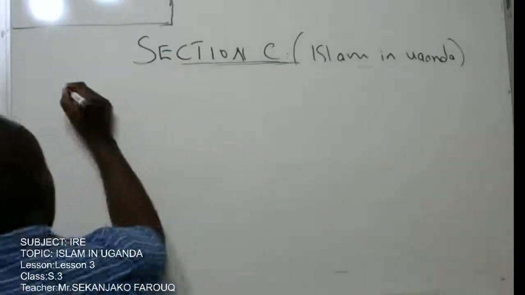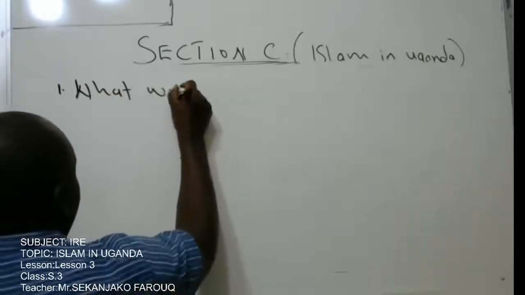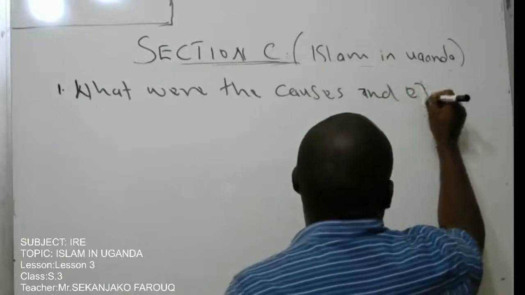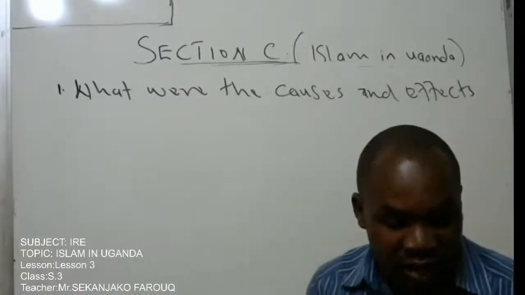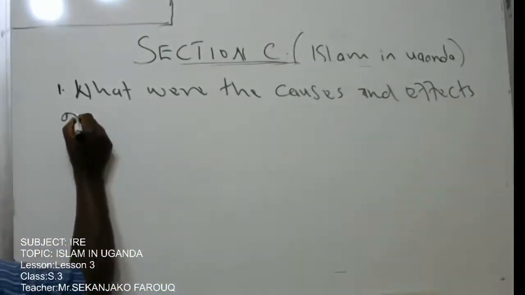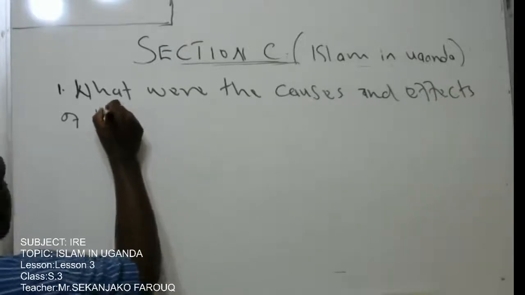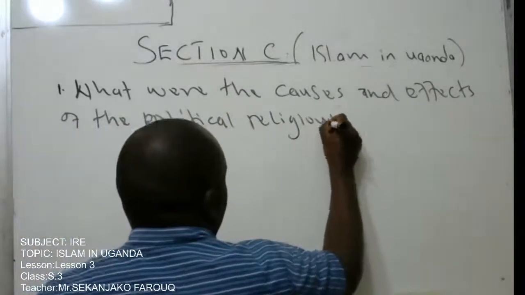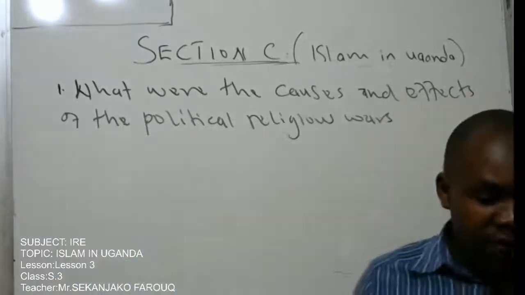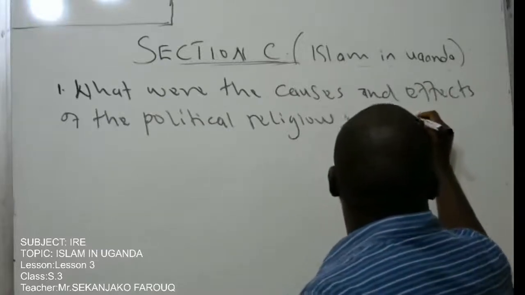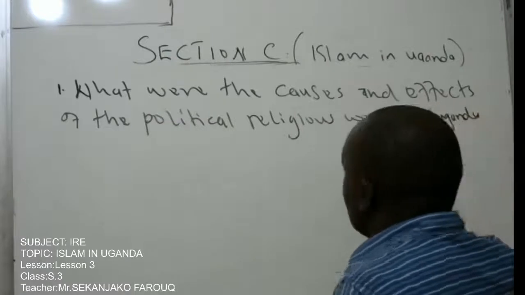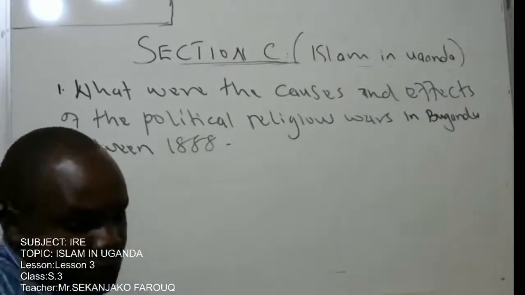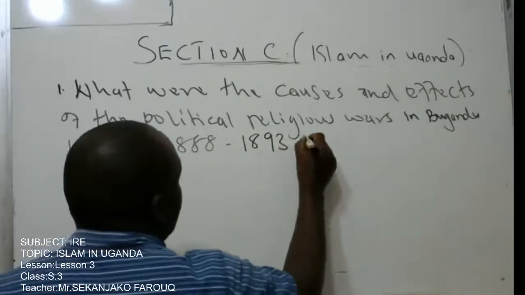Question number 1 is, what were the causes and effects of the political religious wars in Uganda between 1888 to 1893?